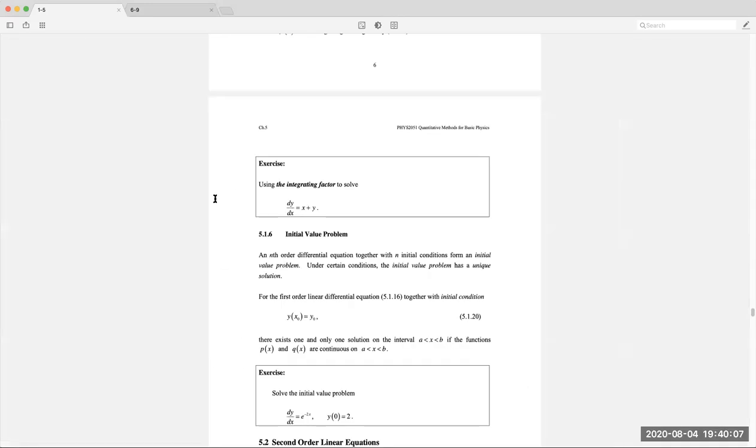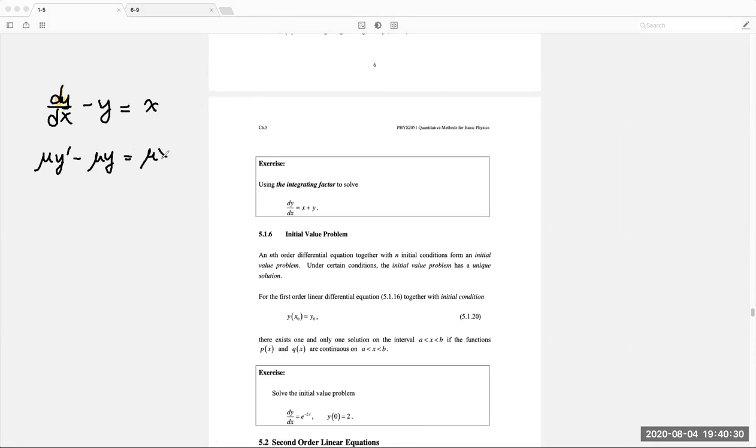So maybe let me show you some of this. Now what you need to do, first of all, is put the y on the left-hand side, and then multiply by a mu on both sides, such that this one can be expressed as the derivative of mu times y.